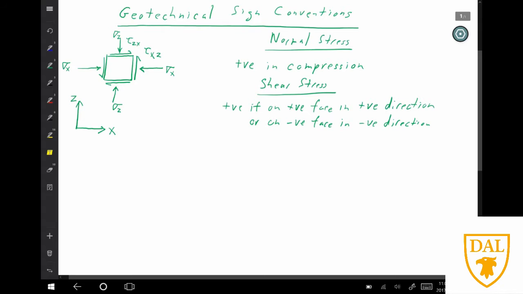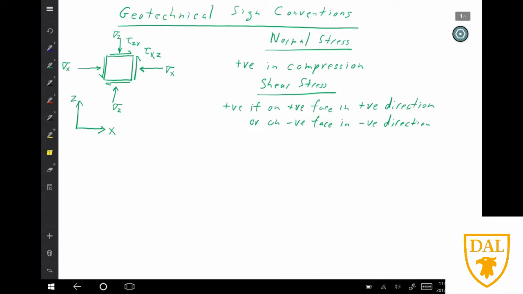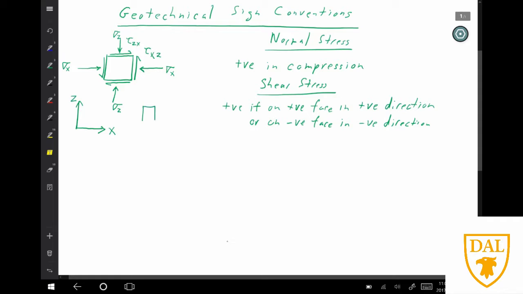So basically you can see in this element that all the shear stresses essentially have a positive sense, which is reasonable. They're all basically inducing the same sort of sense of shearing, which is to make the element want to go like this. It's an overall positive sense of shear.